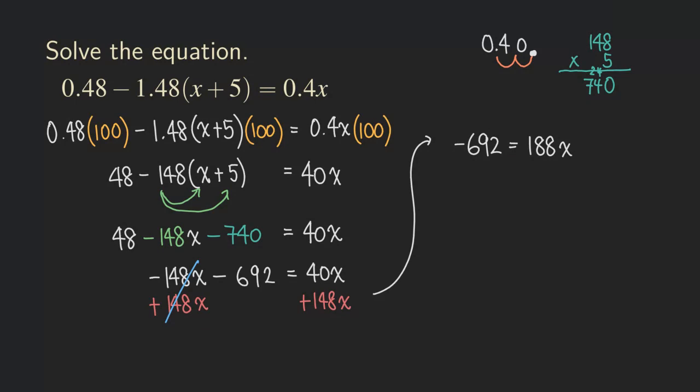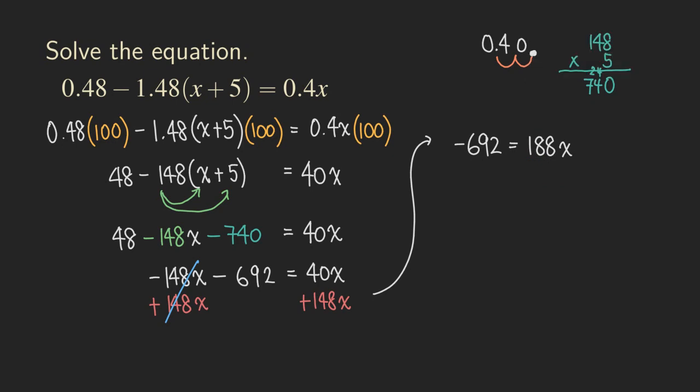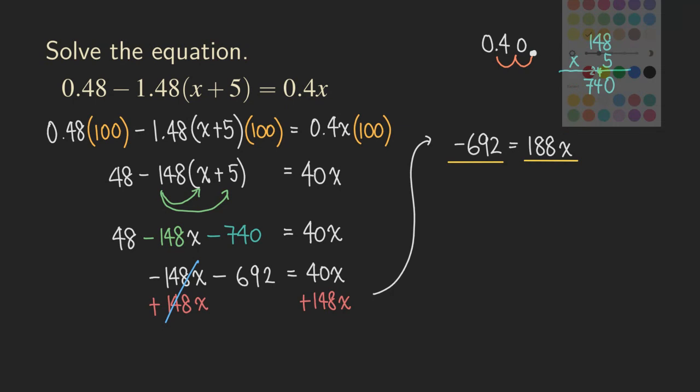Okay, so what is the next step? The next step is to get rid of the coefficient of the x to turn it into a 1. So what are we doing? Actually, in this case, we are going to divide both sides by this number in front of the x, which is 188.